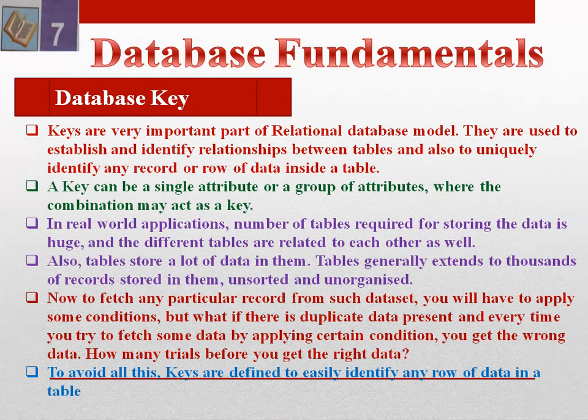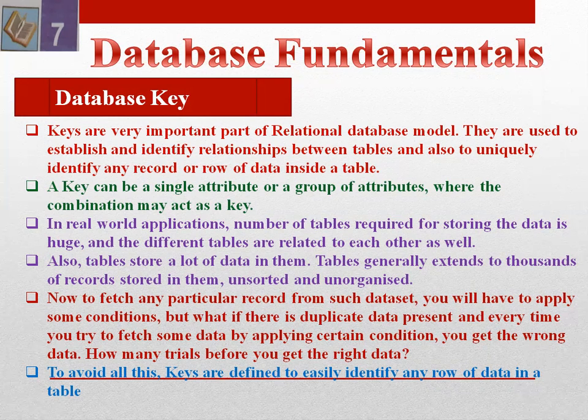A key can be a single attribute or a group of attributes where the combination may act as a key. In real world applications, the number of tables required for storing the data is huge, and the different tables are related to each other as well. Tables also store a lot of data, generally extending to thousands of records, unsorted and unorganized.